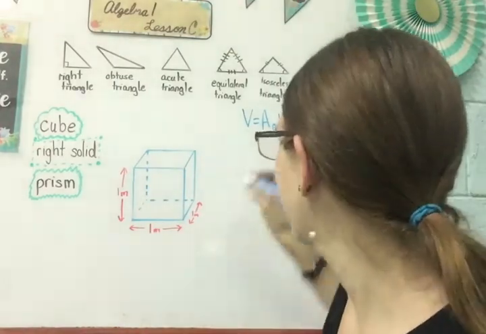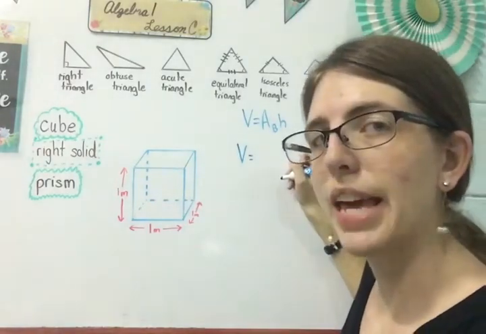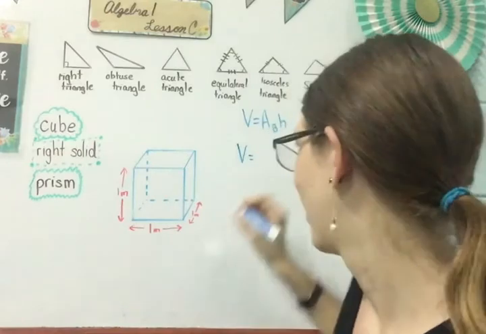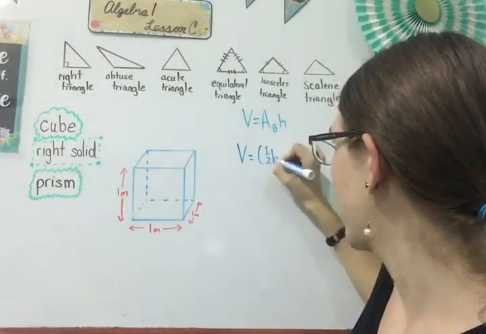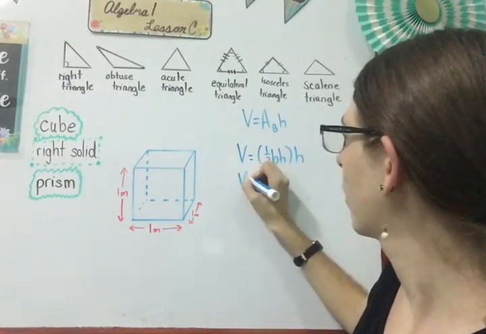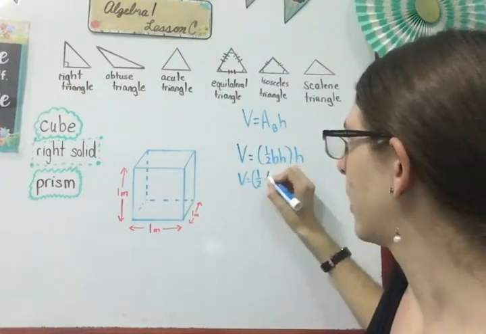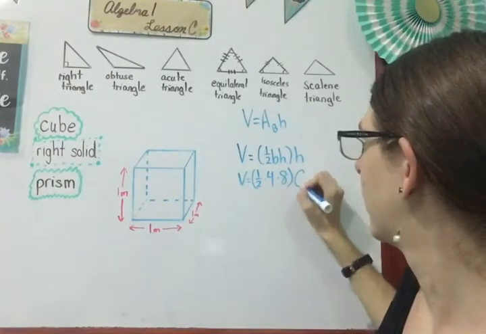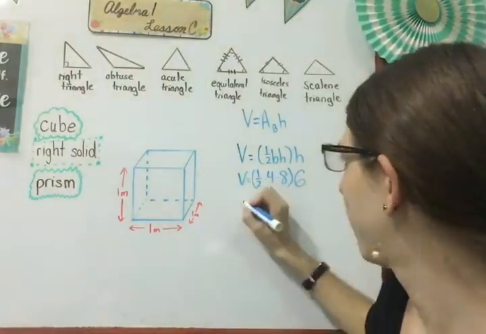So I'm going to plug that into my formula for area of the base. The formula for the area of the base is, good, 1/2 times base times height. So I have 1/2 times my base of 4 times my height of 8 times the height of 6 for my shape overall.